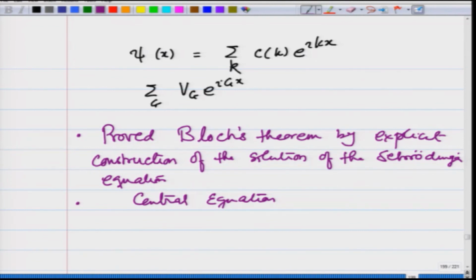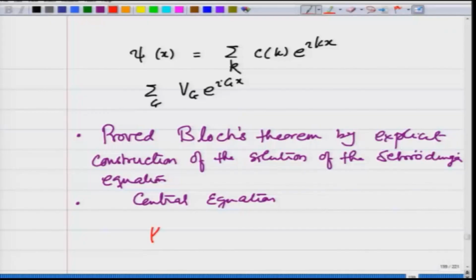In all this, we have to solve a determinant which is of infinite order, but we have to make it finite. In the next lecture, I am going to solve a model which can be solved exactly to obtain the energy structure, which is known as the Kronig-Penney model.